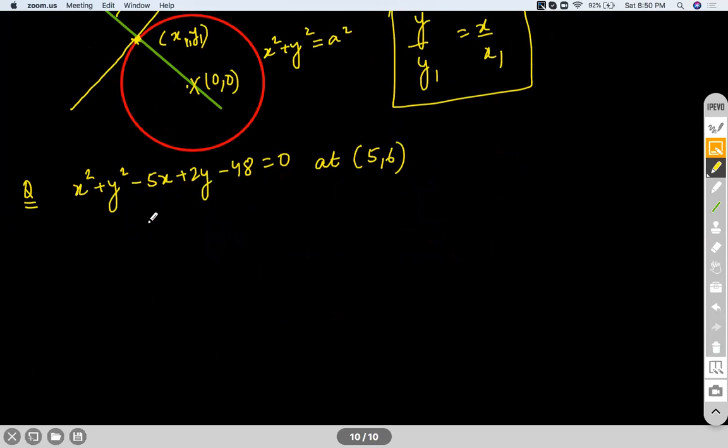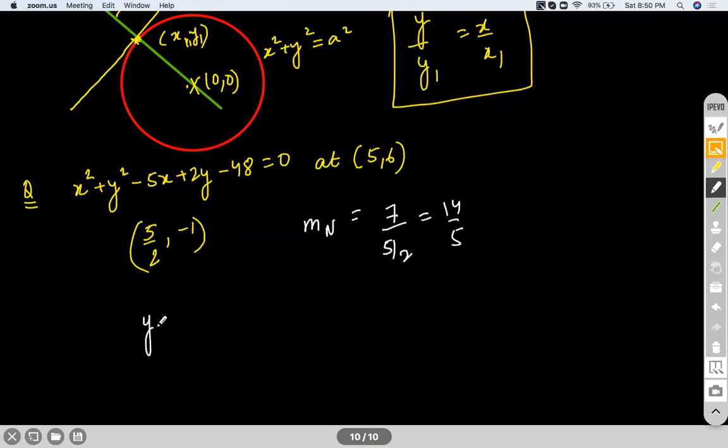So what is the center? The center is 2.5 comma minus 1. So what is the equation of a line connecting these two? First of all, the slope of the normal would be 6 plus 1, 7, and 5 minus 5 by 2 is 5 by 2. So that's 14 by 5. So you can write the equation as y minus 6 is equal to 14 by 5, x minus 5.